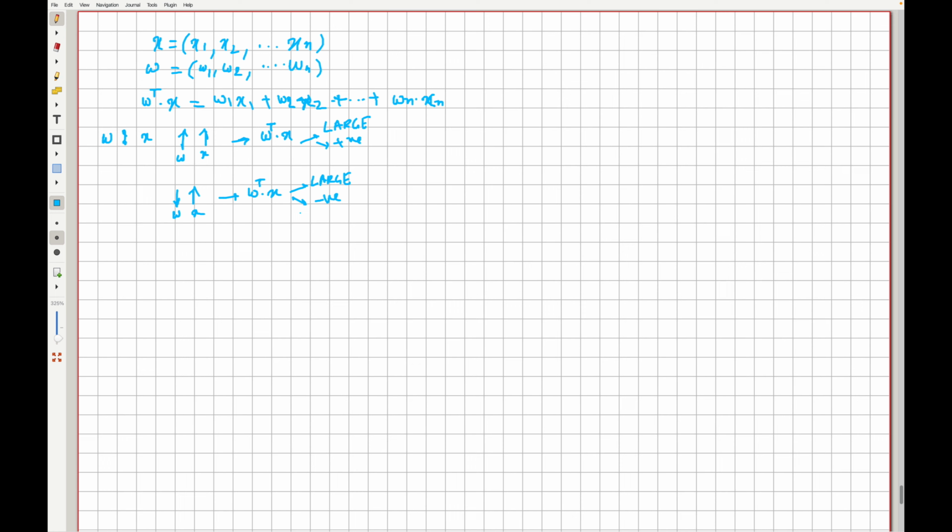That is to say that they are pointing in different directions. And if we perform this operation and w transpose x comes out to be 0, then this tells us that the vectors are perpendicular to each other.